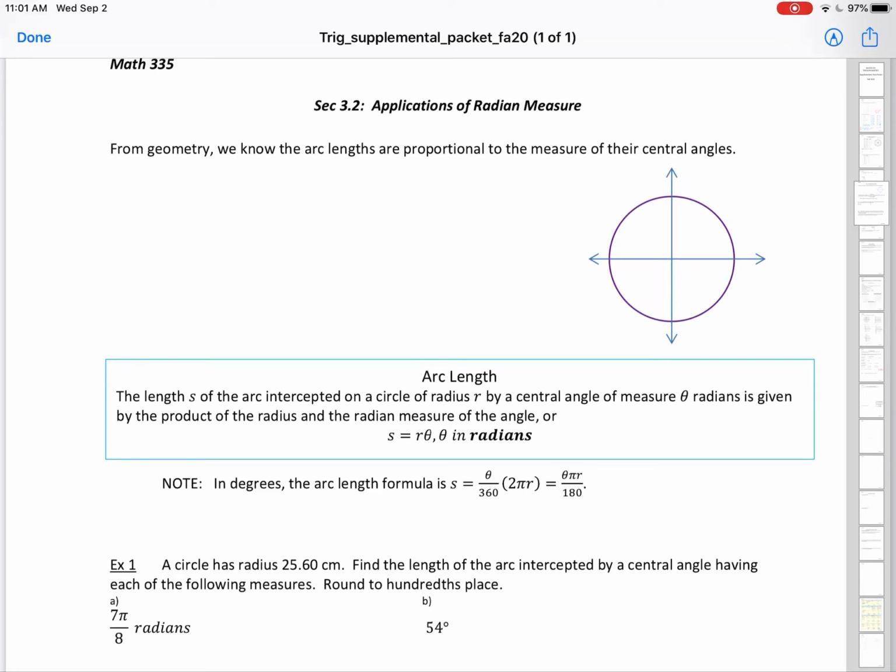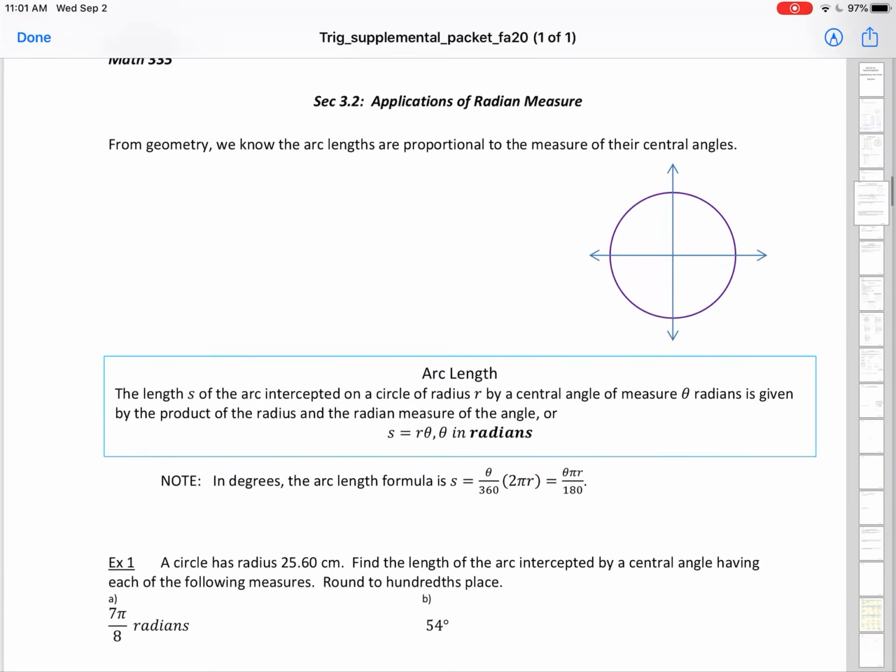And when we defined the radian back in section 3.1, part 1, you would have 1 radian if you swept out an arc equal in length to the radius, right? And that was the definition of 1 radian.